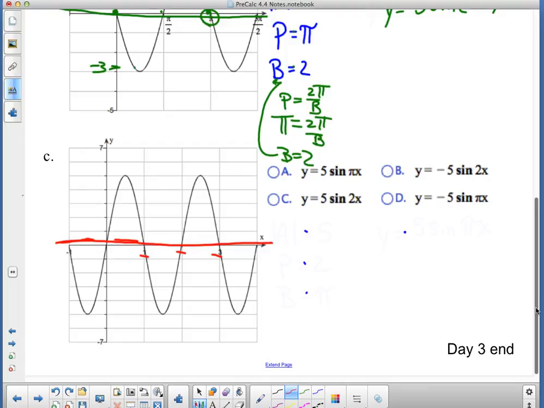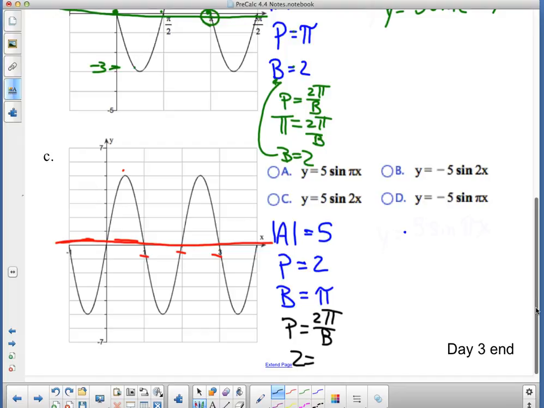So I go 1, 2, 3, 4, 5. So a is 5. My b is looking like pi. My period is 2, and keep in mind, period is equal to 2 pi over b, so if my period is 2, b must be pi. So that's where that comes from.